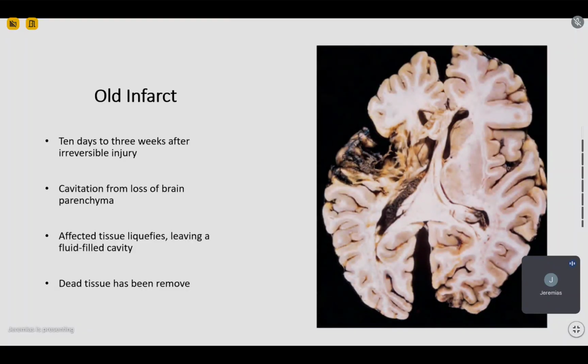So 10 days to 3 weeks, most especially if there's irreversible injury. So that affected part liquefies, and then they leave a fluid-filled cavity that continues to expand until all of the dead tissue has been removed. And ang mabilin is a cavitation.